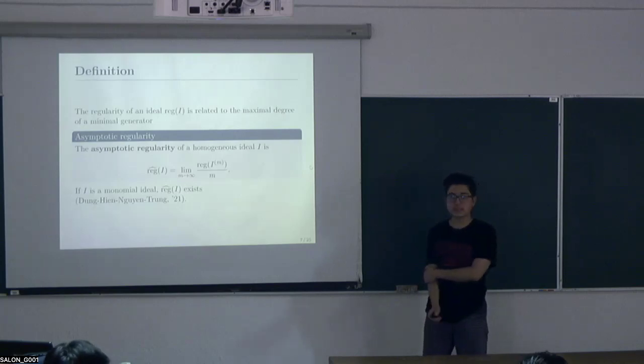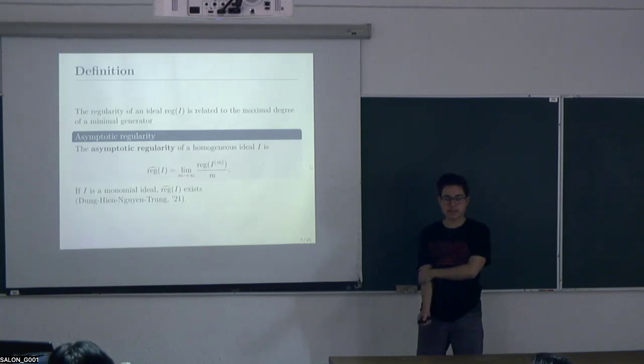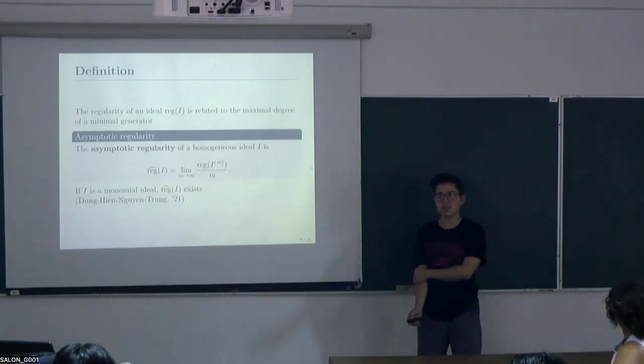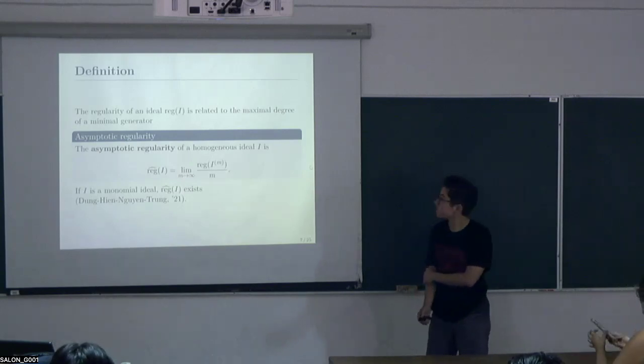So what the asymptotic regularity does is it quantifies how fast the regularity grows as you take larger symbolic powers. And while we don't know if it necessarily exists for just your general homogeneous ideal, it does exist for monomial ideals specifically.